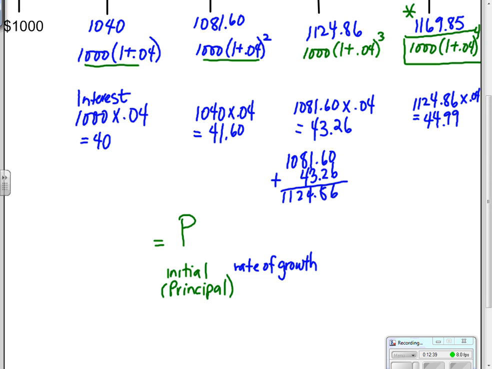So that would be the base of our power. And this will be 1 plus, because it's rate of growth, I for interest rate. And that should be as a decimal. And lastly, if it's exponential growth, then we have to have an exponent. We will do n for number of years.